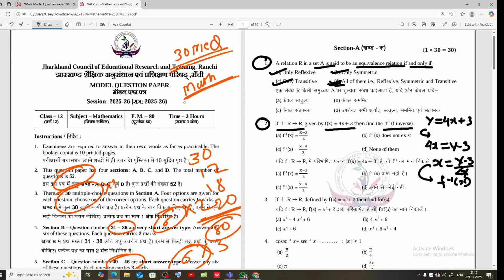This x we replace by f inverse of x. Now finally, replacing x by y and y by x, f inverse of x equals (x minus 3) by 4 is the correct answer. That means your answer is the first option.